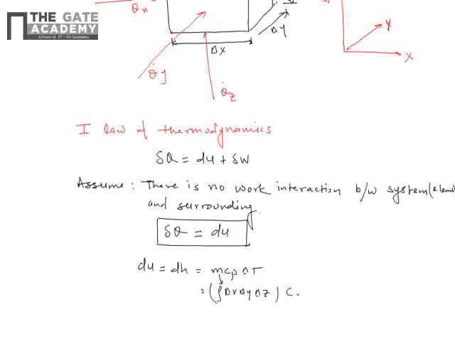Cp is nothing but C. This is our change in internal energy. So the rate of change of internal energy dH upon dt is nothing but limit delta t tending to 0 of rho del x del y del z delta T upon delta t.